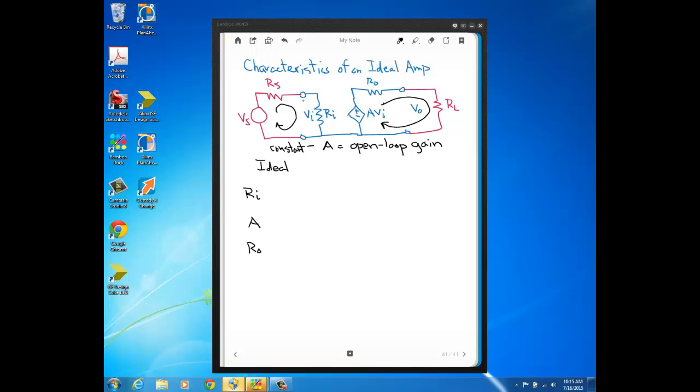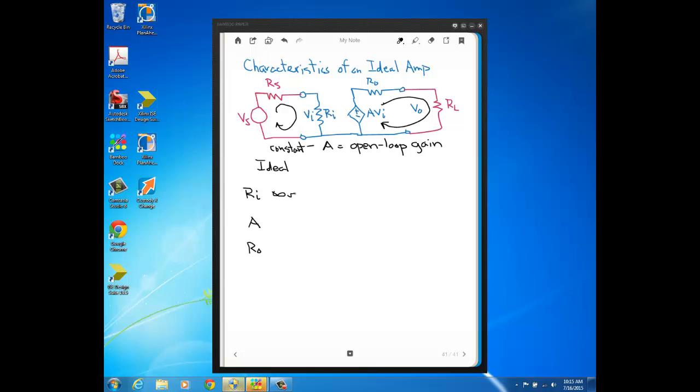So what would we need in this circuit, which is just a series circuit with a source and two resistors? What would we need this resistance to be to make VI as big as possible? Well, hopefully you remember from your circuit theory that when you have a series connection like this, the largest resistance will get most of the source voltage. So we want this input resistance to be as large as possible, and ideally that would be infinity.